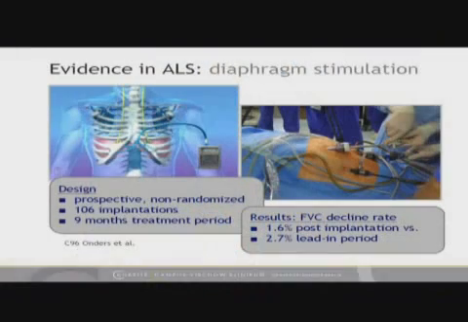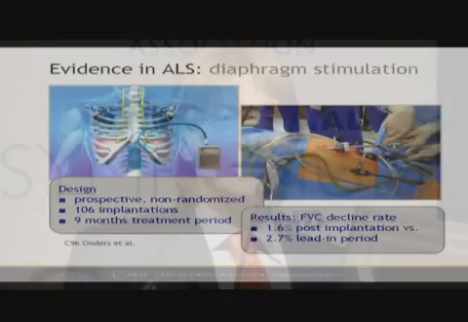Beyond the established treatment options, at this year's symposium we have learned more about novel treatment options. In 2 papers, the current state of diaphragm pacing was reported. Raymond Onders of Cleveland presented the results of a prospective, non-randomized but controlled trial on 106 implantations and a 9-month post-implantation treatment period.